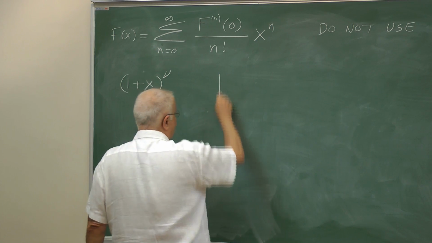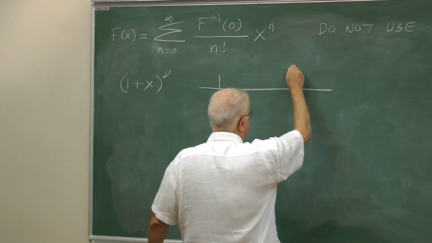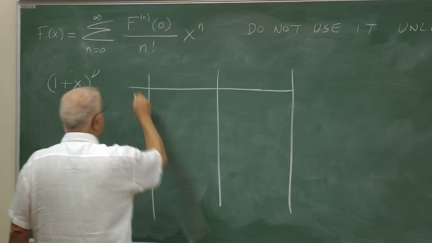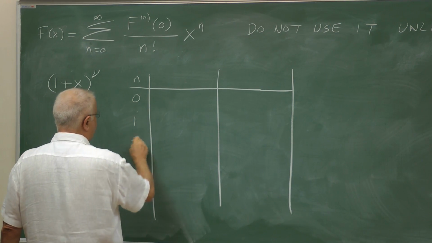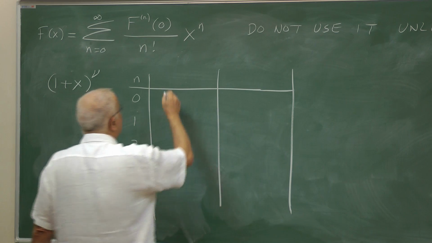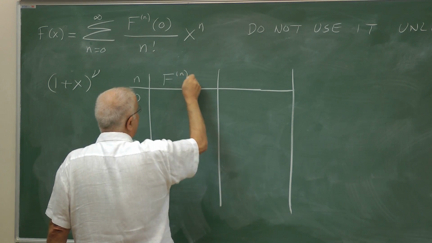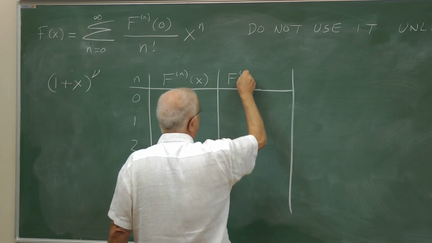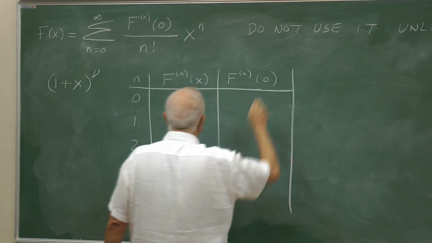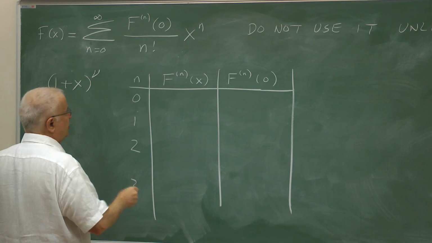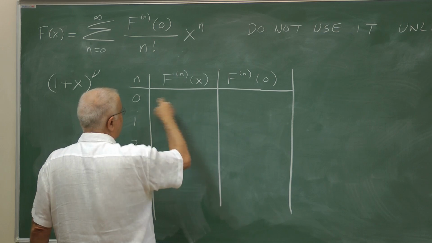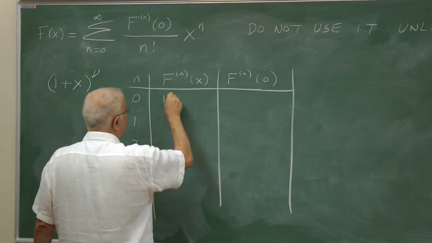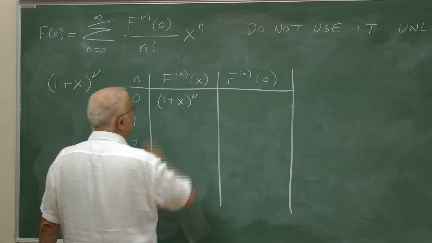So again, we go to our table, and 0, 1, 2, 3 should be enough. Then here I have the nth derivative, and here I have the nth derivative evaluated at 0. The function that I'm considering to expand, I write here. The 0th derivative is the function itself. 1 plus x to the nu.